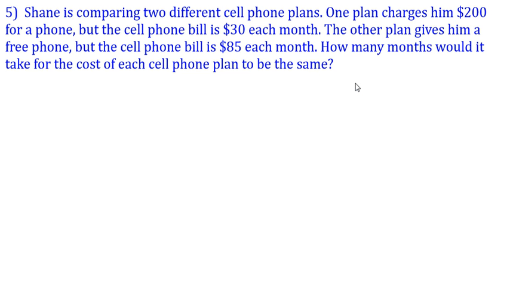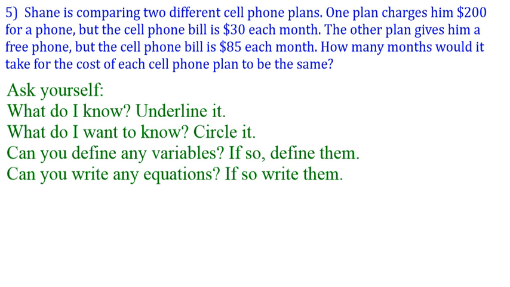And we know that we're being charged for the plan monthly. And we've got to figure out how many months we are looking at these plans. So it's another variable, the number of months. So let's start off with T being the total for the plan, and M is the number of months that we're on the plan.